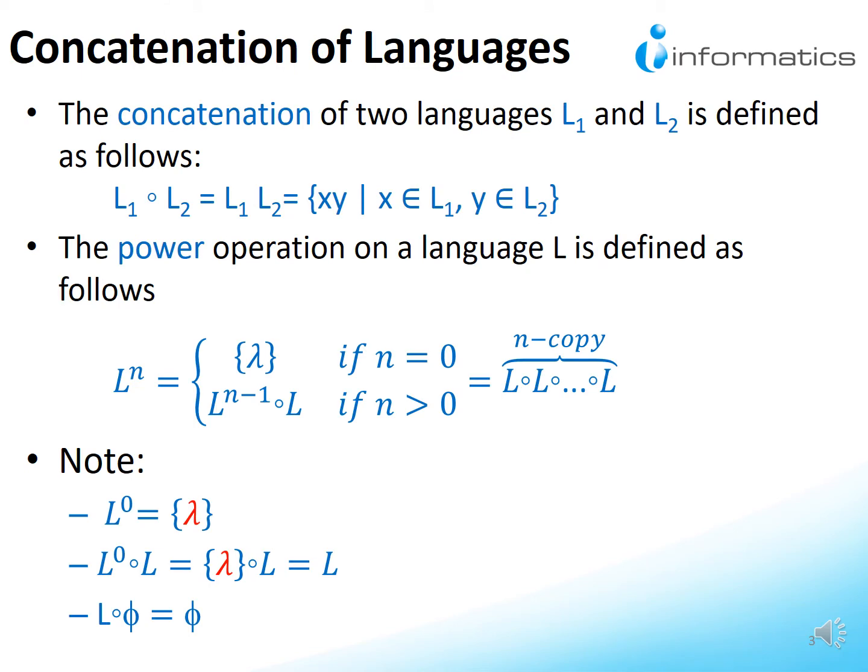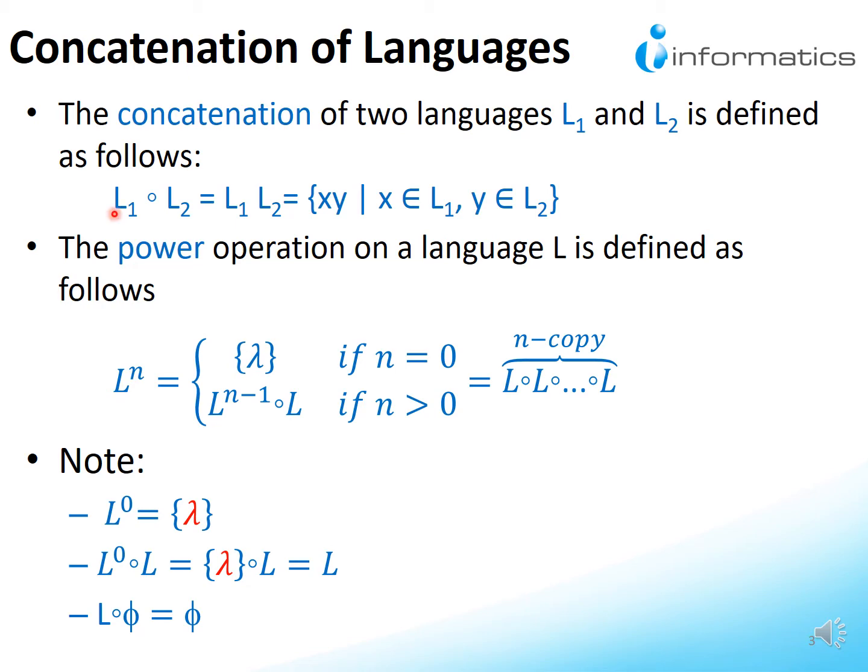The unique operation for formal languages is the concatenation operation. The concatenation of two languages L1, L2 is defined as the component-wise concatenation from the strings in the languages.